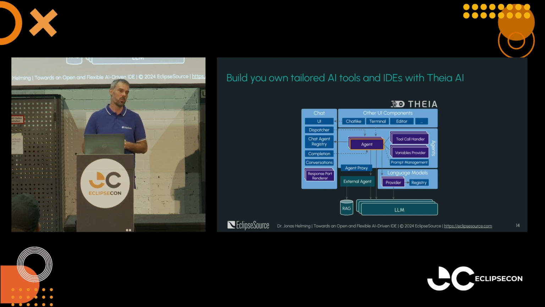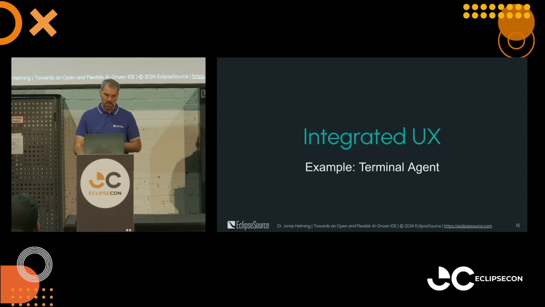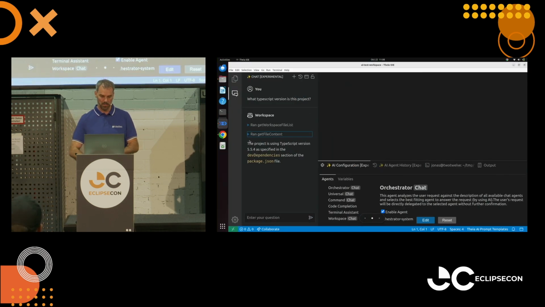And in very many tools, it's a good idea to not always use a default chat, but really bring the features very close to existing editors or user experience. Now, I would like to show one example for that, how to integrate the UX directly into the use case and not always using a plain chat. And the example that I would like to show is a terminal agent that is available again in the Theia IDE. So let's go back.